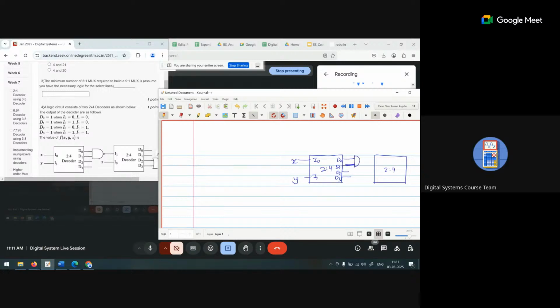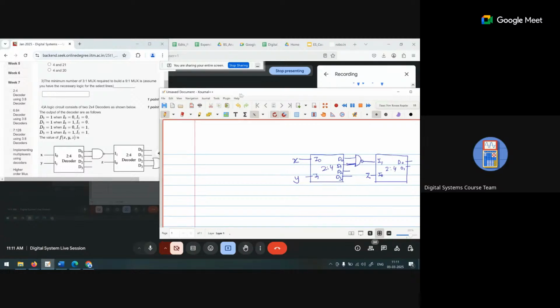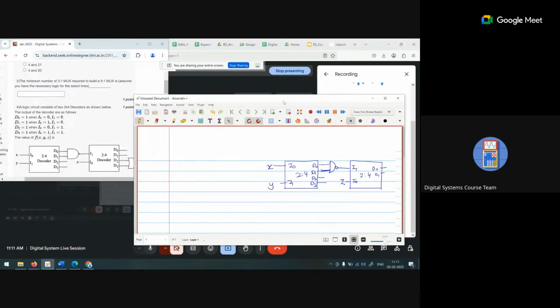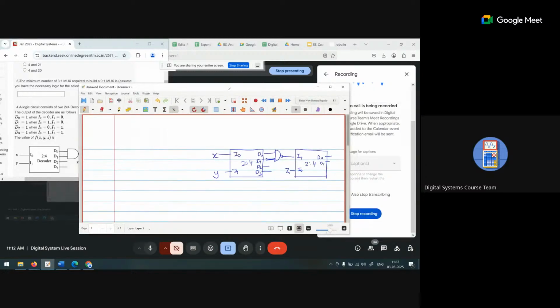Then, with the help of D0, D1, I0, Z, and again D0, D1, D2, D3, X ignoring these two will be given as F.